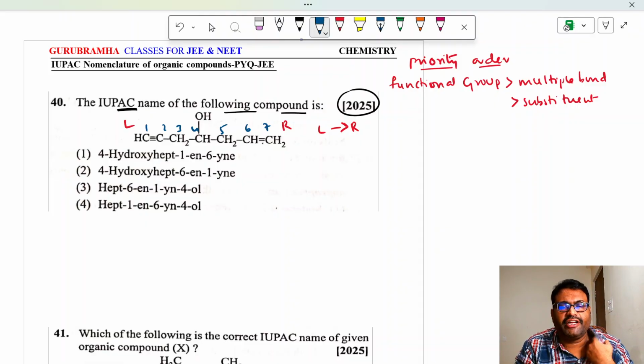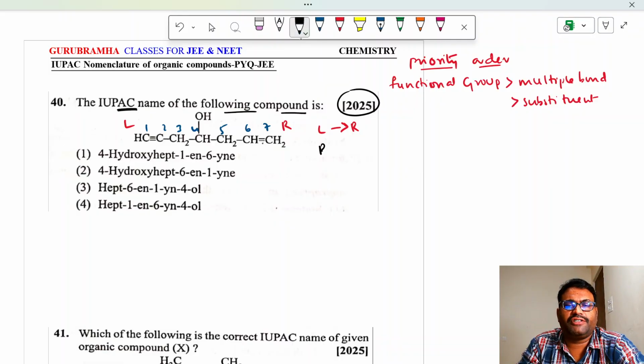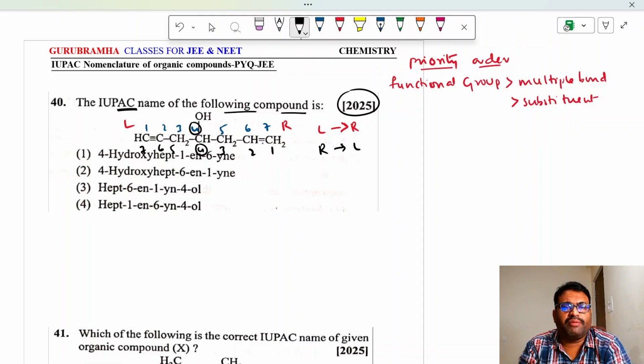And when you number from right to left, 1, 2, 3, 4, 5, 6, 7. The same number you get, 4 and 4. So when you are getting the same number, then you should not decide by this functional group. Then we have to consider these multiple bonds.